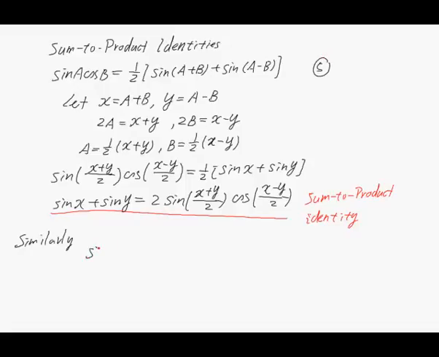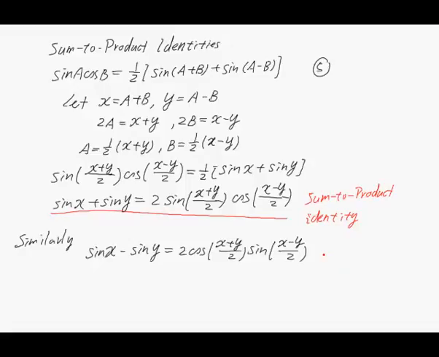We have sine of x minus sine of y equal to 2 times cosine of x plus y over 2, and times sine of x minus y over 2.